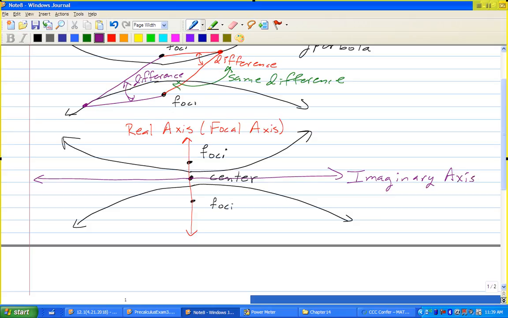If I take points that intersect the real axis and the hyperbola, then these are called vertices. So here's one vertex, and here's another vertex.